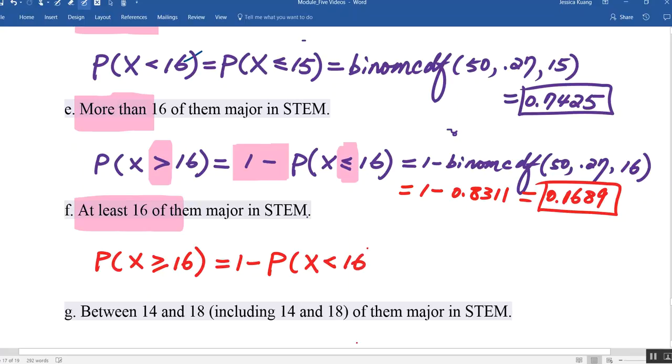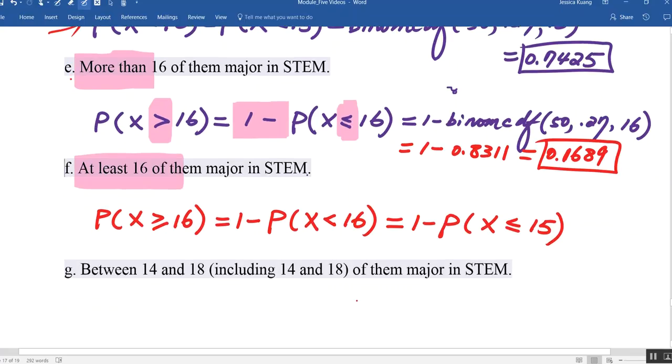The reason is that we have an equal sign over here, so we won't include the equal sign here. And one more step, that is equivalent to 1 minus the probability of x less than or equal to 15. That's what we covered right over here. You should be able to find that probability by yourself.